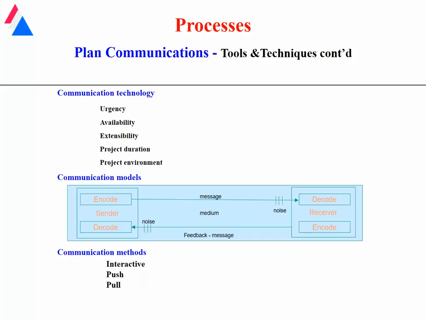The basic model is that you want to ensure that the information that is sent out is adequately decoded by the receiver and re-encoded and sent back to the sender, so that there's bidirectional, synchronous communication. Other methods you would look for are interactive exchanges. Sometimes you'll push information out to the community, and other times you'll pull information from the community.